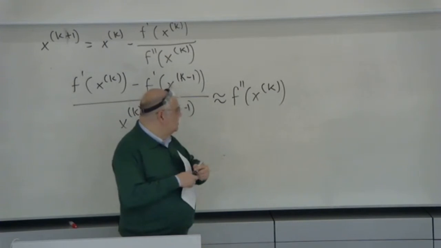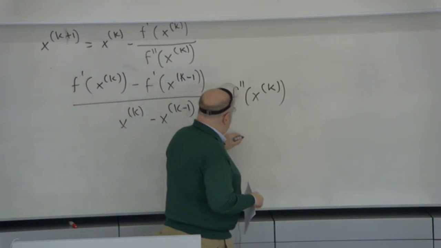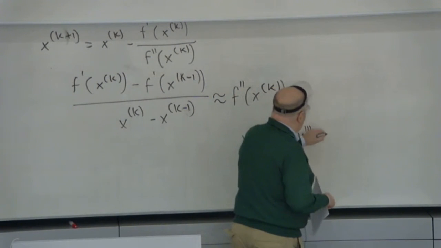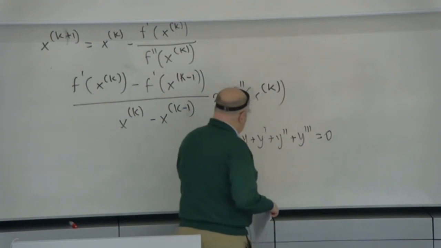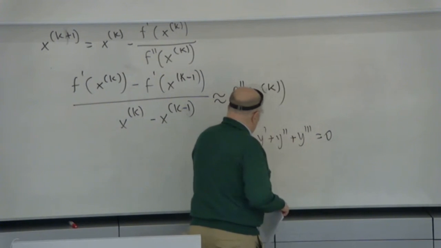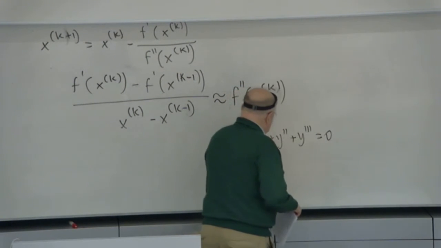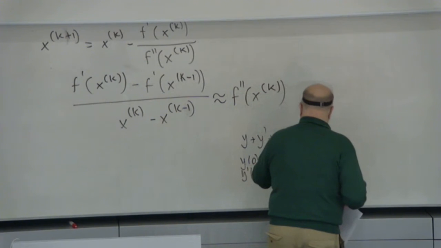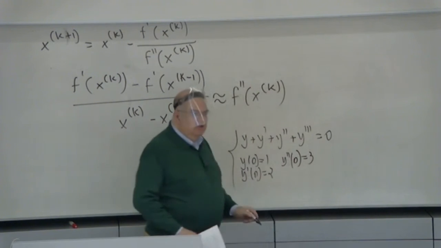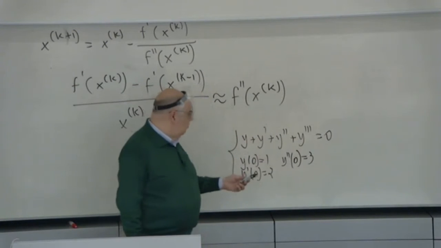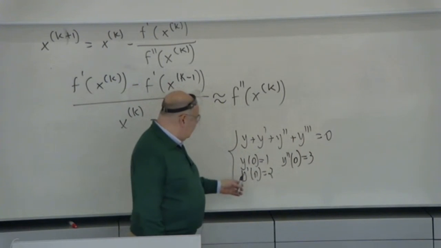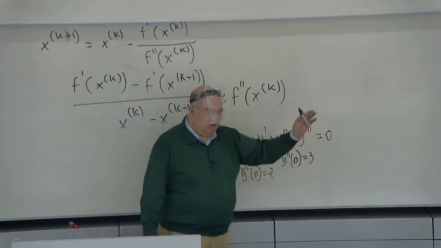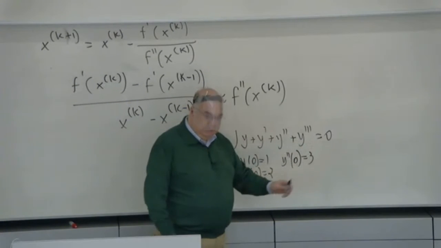The differential equation is something like y plus y prime plus y second plus y third equals 0, for example, with y at 0 equal to 1, y prime at 0 equal to 2, second derivative at 0 equal to 3, or something like that. So you are setting a problem with a number of derivatives, and you're setting a starting point. You are saying the function starts at 1 with slope 2 with second derivative 3, and then you go on. And you can find the third derivative by looking at this.